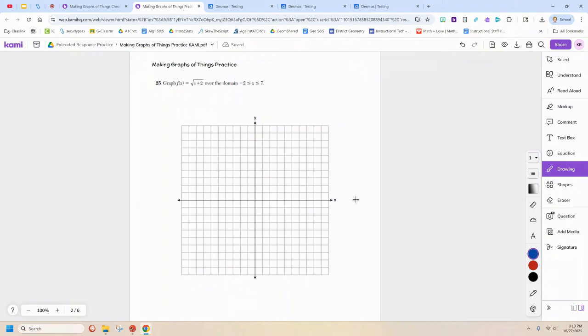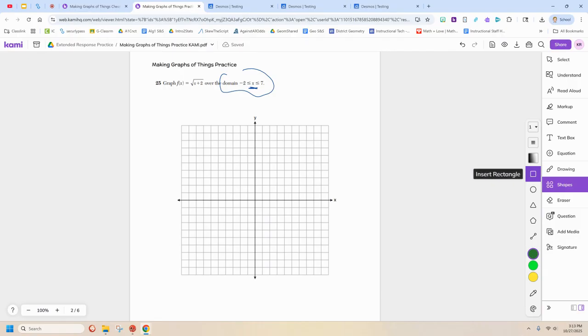If you turn the page in the cheat sheet, this is the one that had a restricted domain. When they tell you to restrict your domain, first of all, it's the x variable that they want you to restrict. What that means, and I'm hoping I can make this work on the paper here, I'm going to use some boxes.